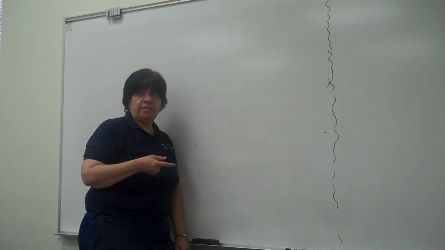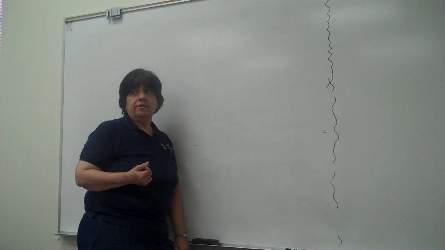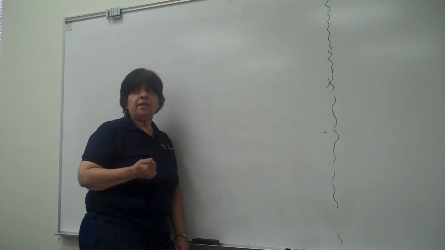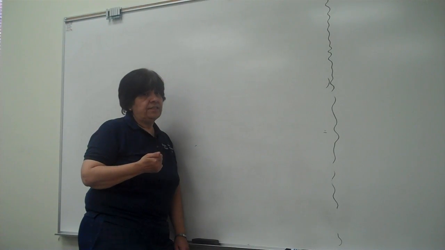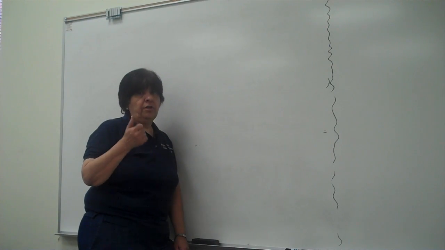The probability of success is p, and the probability of failure is 1 minus p, and we are interested in the number of successes in n trials.